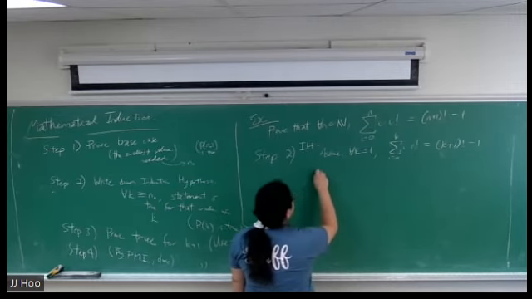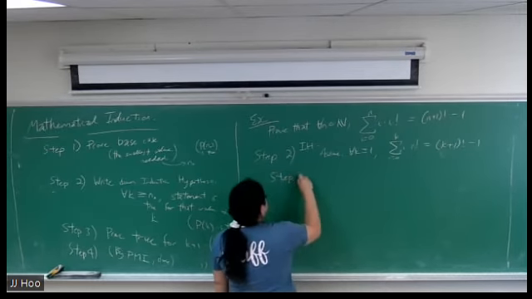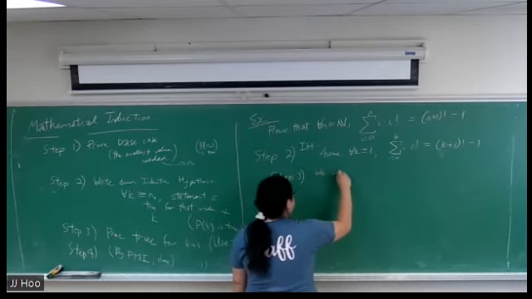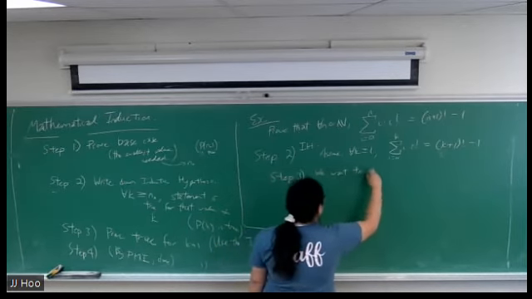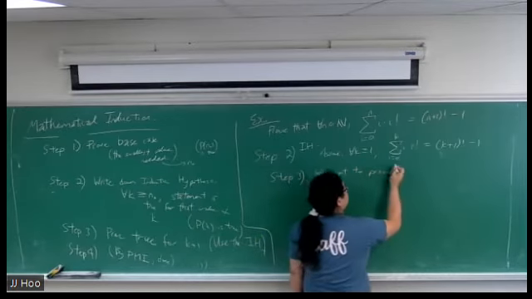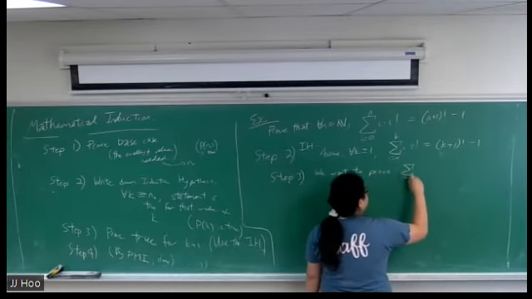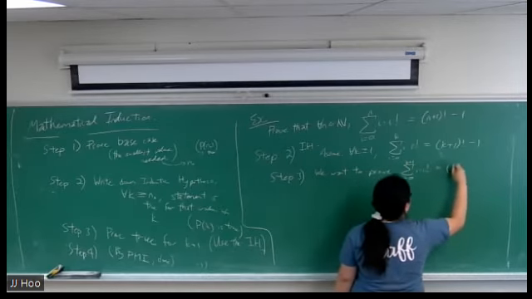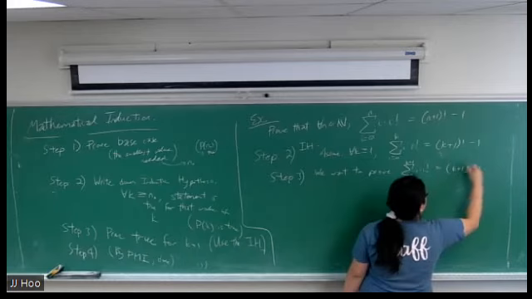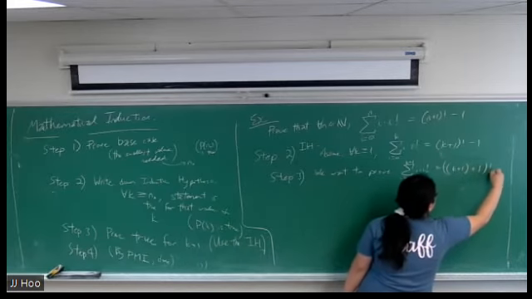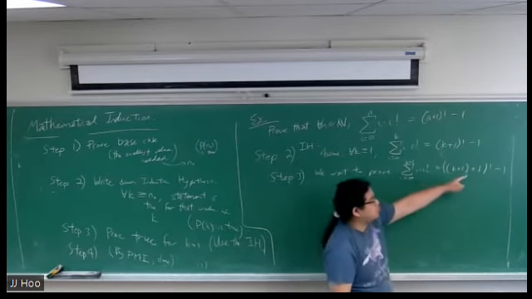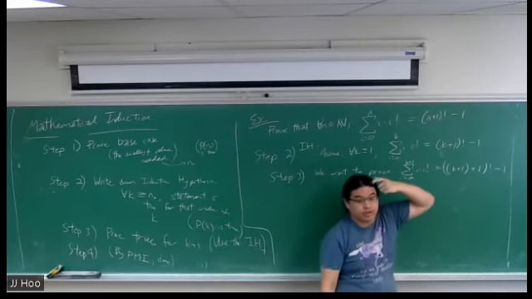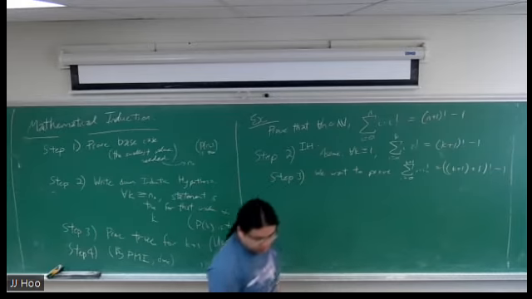So now, step 3, I want my inductive step. So what I want to do is prove the statement for k plus 1. So what is the statement? It's this. Notice I could have written k plus 2, but I didn't. I wanted specifically just plugging in k plus 1 into our original equation, right? We want to keep it in this format.